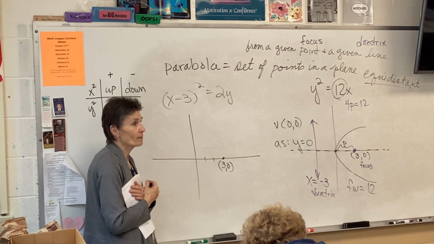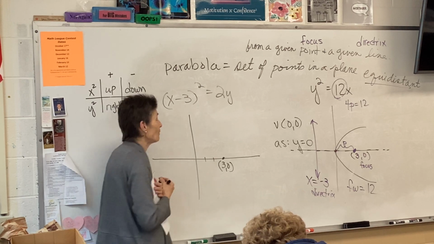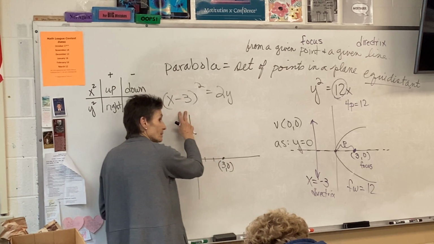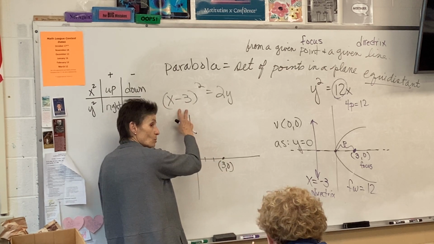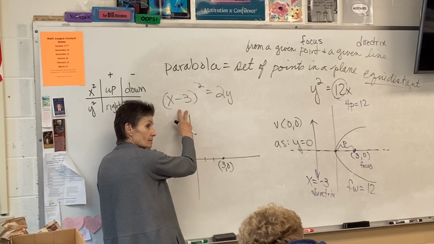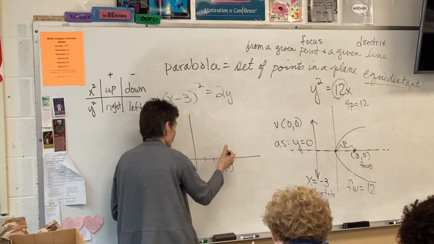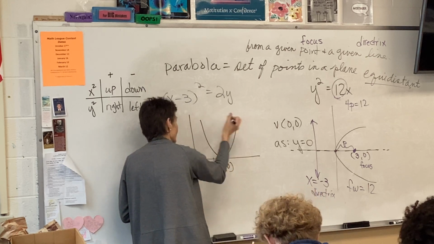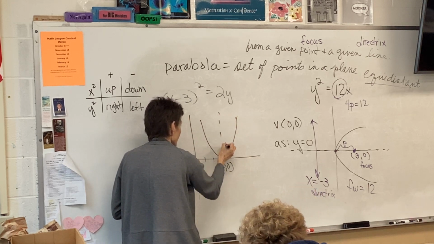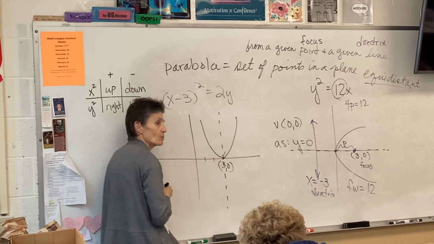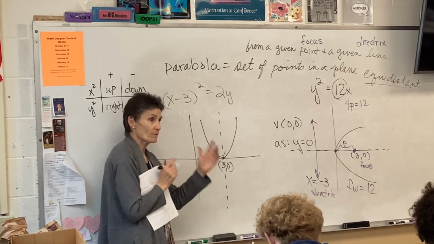Oh, which way is it open? How do you know it opens up? Because it's x squared, and it's a positive number, that is going to be up every time. Here is your axis of symmetry. Remember, that's the fold.